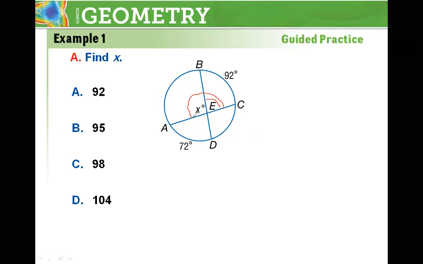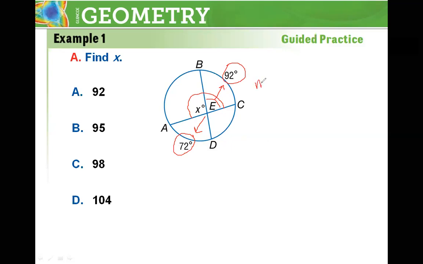So I get E. E is equal to what? From the theorem, it is equal to half of 92 plus 72. Yes, this is our theorem today.